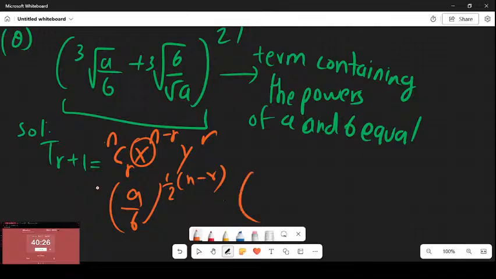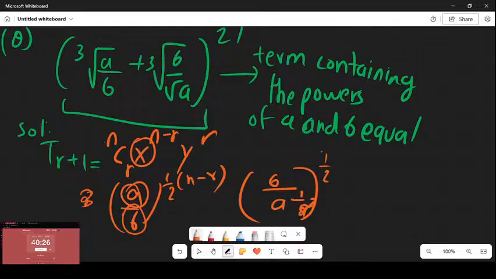We can ignore the 3, because it depends upon how we substitute the a and b values. Okay, it doesn't matter. So here I guess we get 1 by 4, and here I guess it's 1 by 2. I'm writing for the whole expansion.